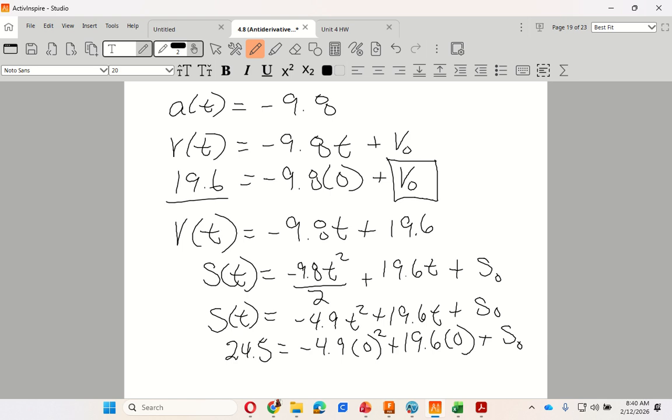So zeros, my favorite number, multiply it out, and I get s of t is equal to negative 4.9t squared plus 19.6t plus 24.5.